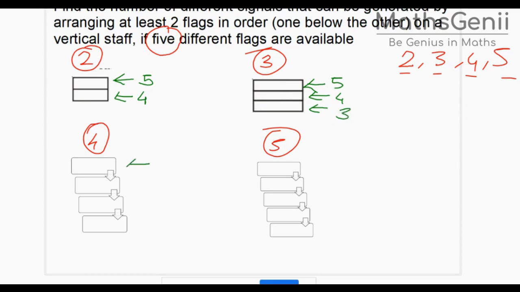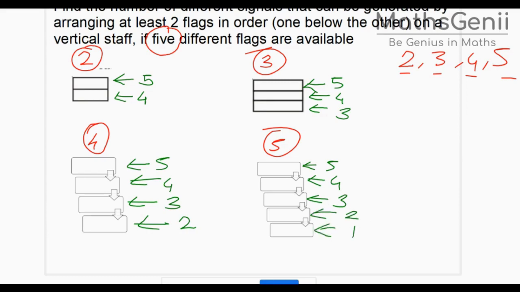Similarly with this, five, four, three, two. And when I have five flags, I can select five for here, four for here, three for here, two for here, and only one option will remain for this. So at least two means you can have a two flag signal, three flag signal, four flag signal, and five.